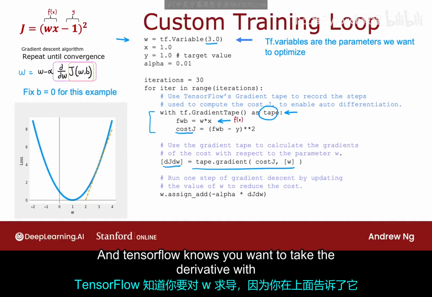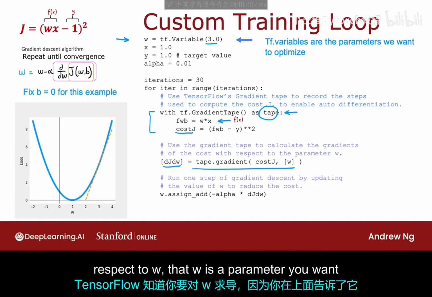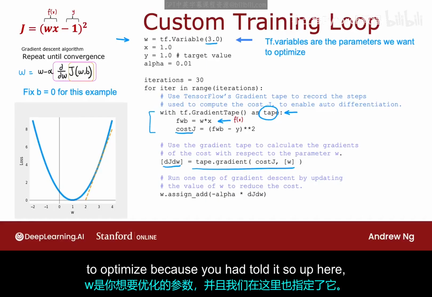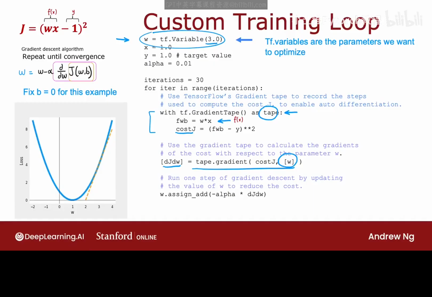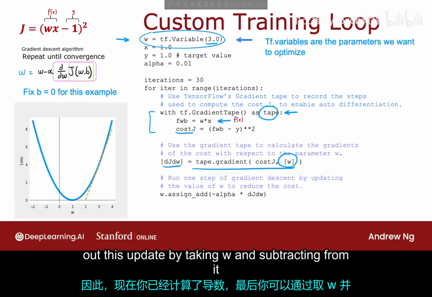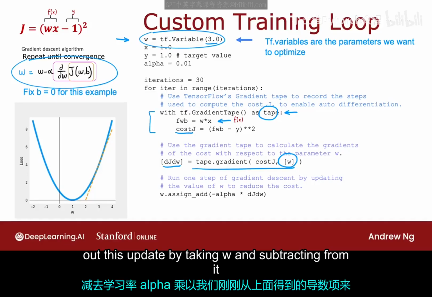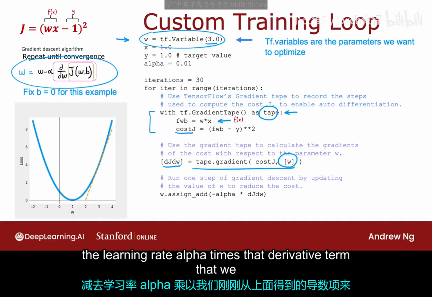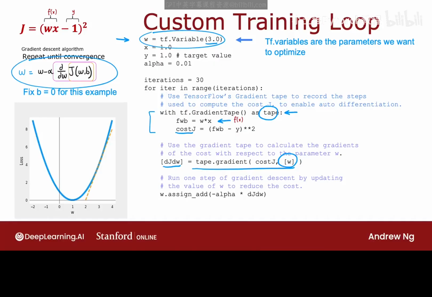And TensorFlow knows you want to take the derivative with respect to w, that w is the parameter you want to optimize because you had told it so up here, and because we're also specifying it down here. So now that you've computed derivatives, finally you can carry out this update by taking w and subtracting from it the learning rate alpha times that derivative term that we just got from up above.